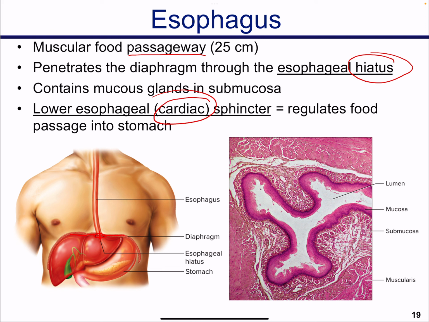Now, in the lower portion of the esophagus, we are going to have the cardiac sphincter. That cardiac sphincter actually is going to regulate the food that is in the stomach so that that food doesn't go back up. And when the food goes back up, this is when we have what we call acid reflux.